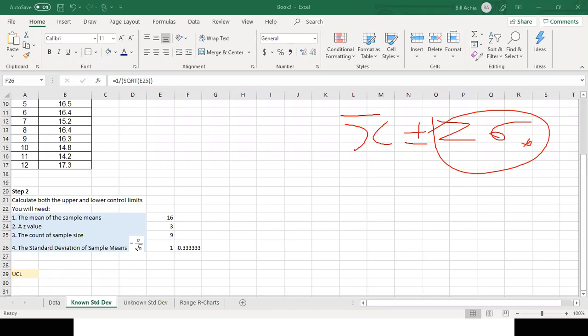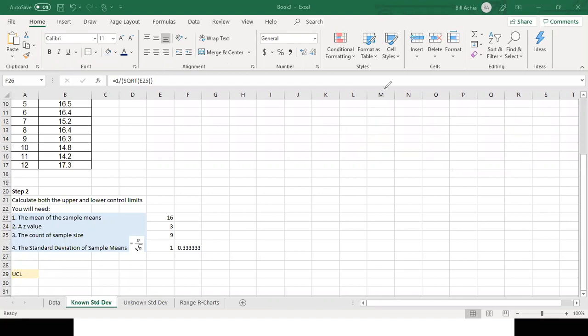Okay, so clear this drawing, and I'm going to go ahead and calculate our upper control limit as being your 16 plus your z value of 3, multiplied by what we have here. Okay, and that gives us an upper control limit of 17. Could have some decimal points here, but no, we don't have any.